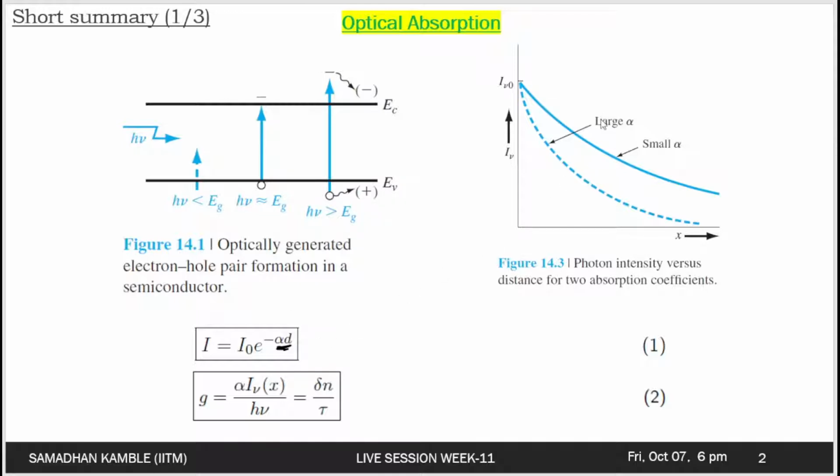Here you can see, for different values of alpha, the plot of intensity versus x, the distance. We can expect from the equation itself that if you have a larger alpha, that is a larger absorption coefficient, the intensity falls quite rapidly, that is, it gets absorbed in a lesser distance as compared to the smaller alpha sample.